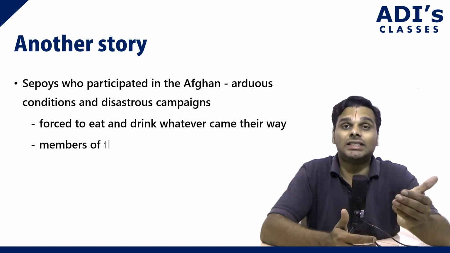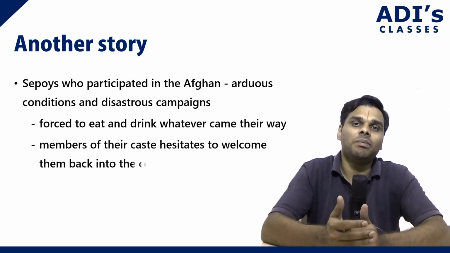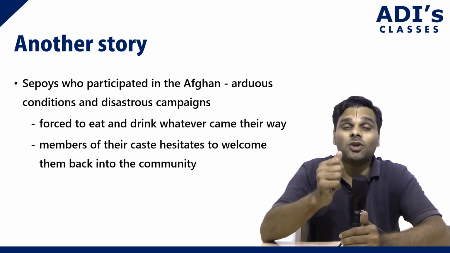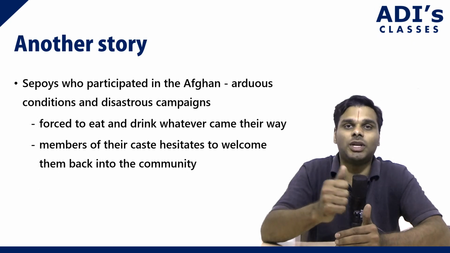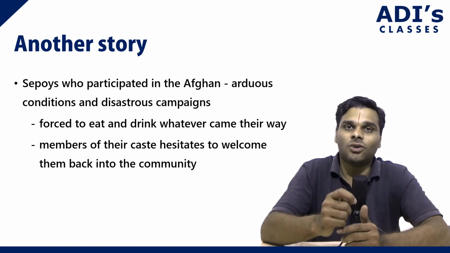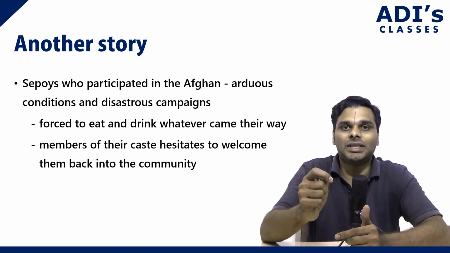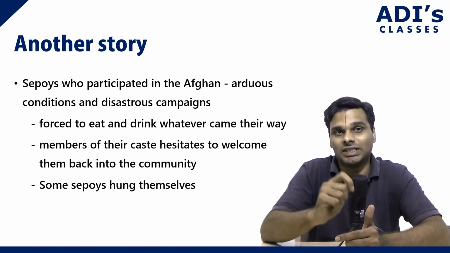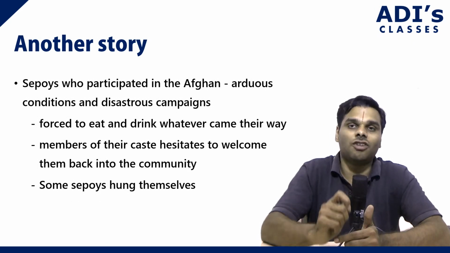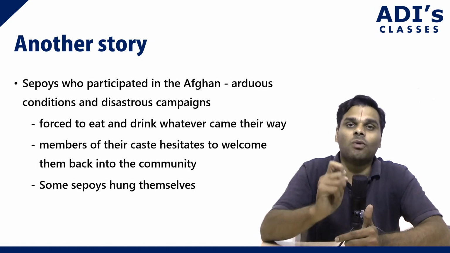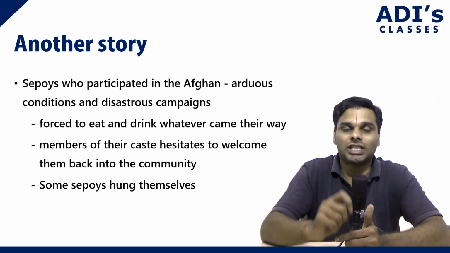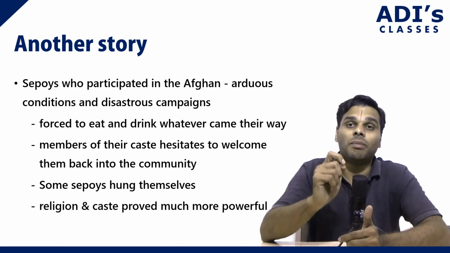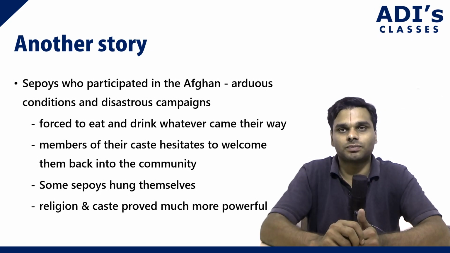When these sepoys returned home to India, members of their caste fraternity correctly guessed that they could not have adhered to the strict stipulations of caste, and therefore they were hesitant to welcome them back into the community. Some sepoys hung themselves. The prestige of being in the pay of the company was not enough to hold the position in society. Religion and caste proved much more powerful.